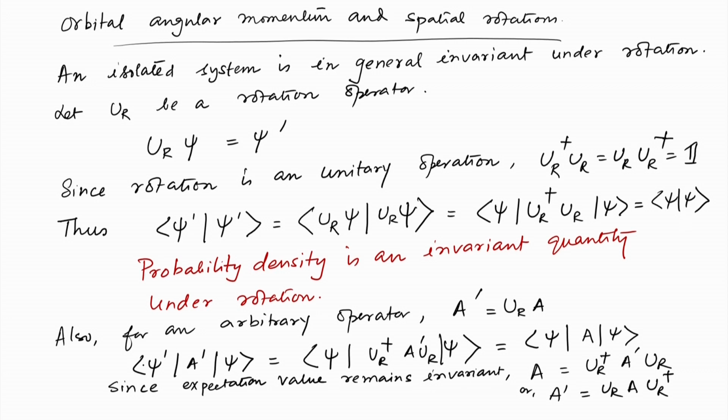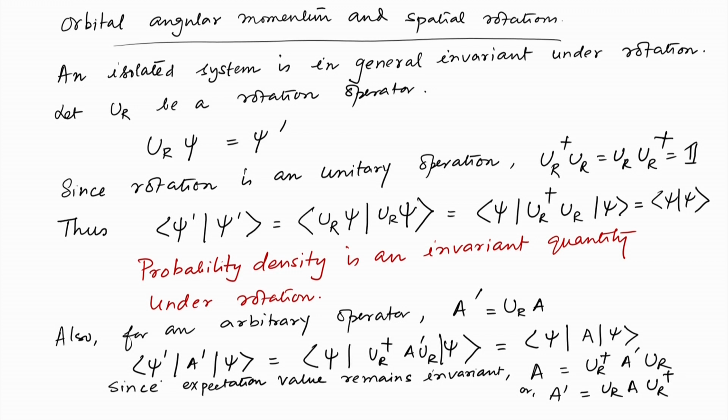So, for an arbitrary operator, let us talk about an observable A prime, which is obtained when the rotation operator acts on the observable. So, U_R actually corresponds to rotation of both the wave function and the observable or the operator. Now, you see the expectation value is supposed to remain the same whether you have done a rotation or not, because the expectation value is a physically observable quantity.